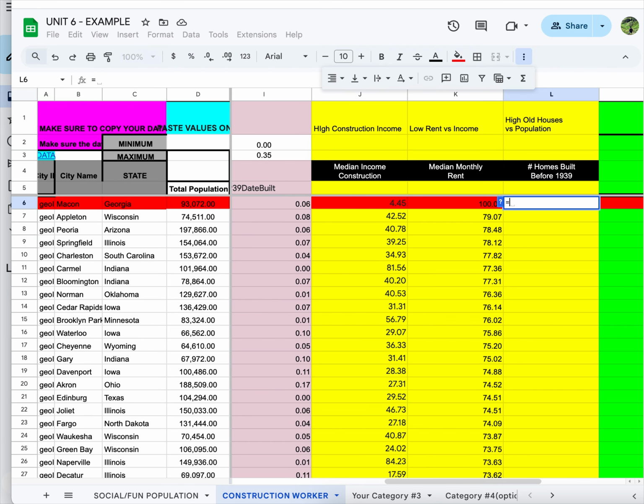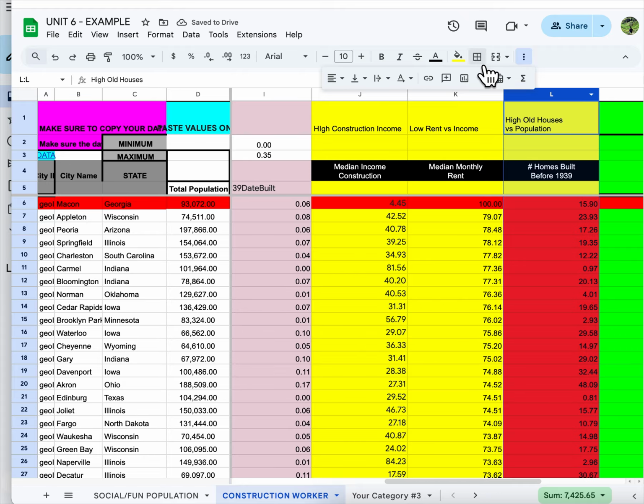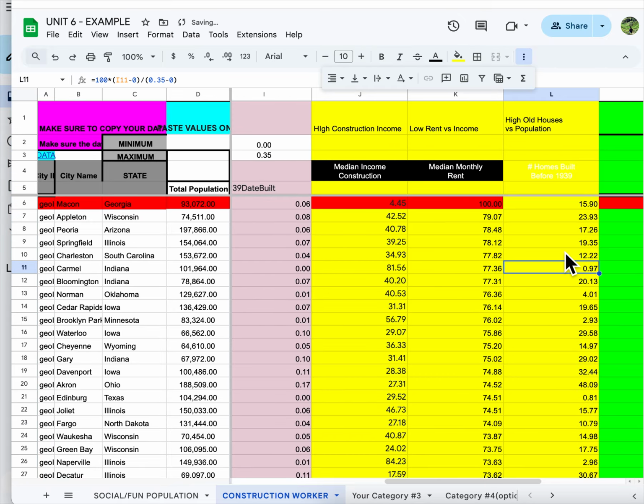We want to do that as a high number. 100 times the data minus the low value divided by the high minus the low. Let's make this yellow.